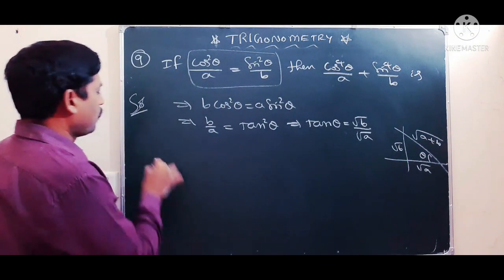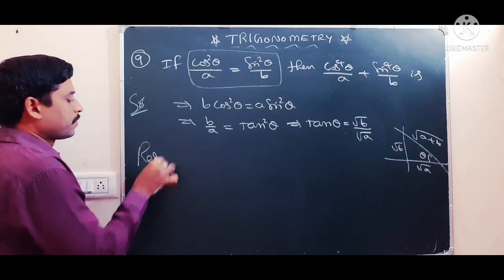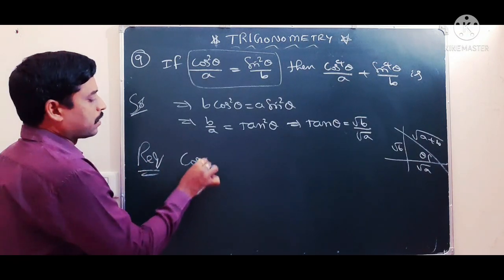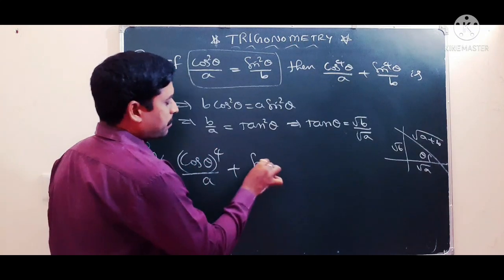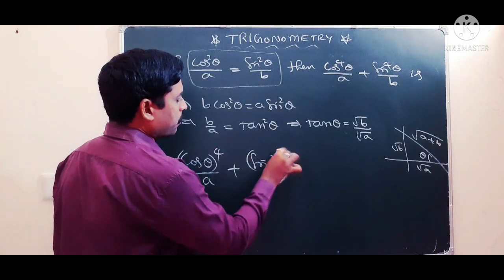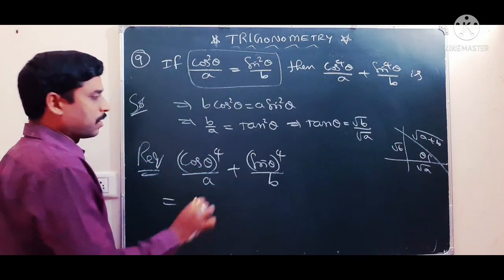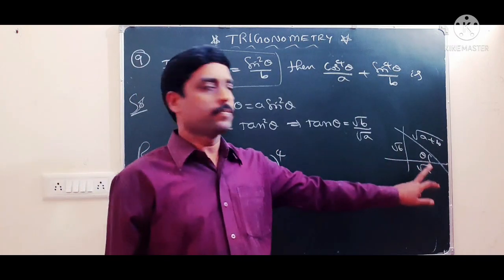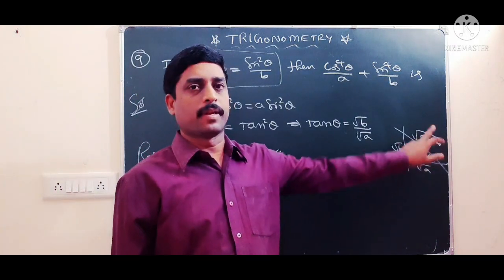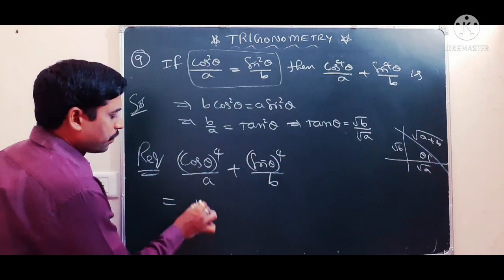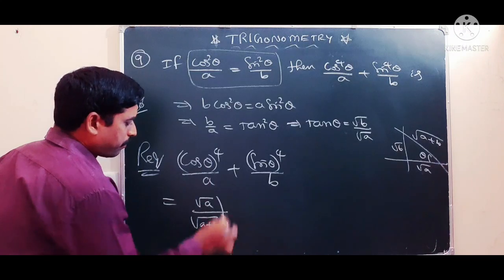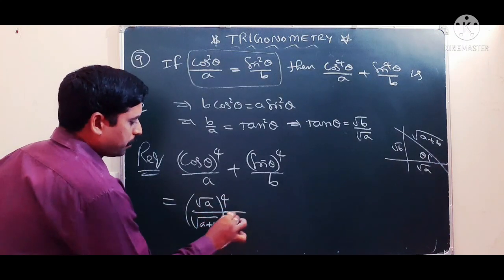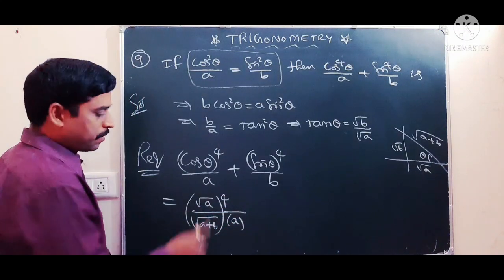Okay, we have to find what is required: cos to the power 4 theta by a plus sin to the power 4 theta by b. From this triangle, cos theta value is adjacent side by hypotenuse, root a by root a plus b, power 4, into 1 by a.